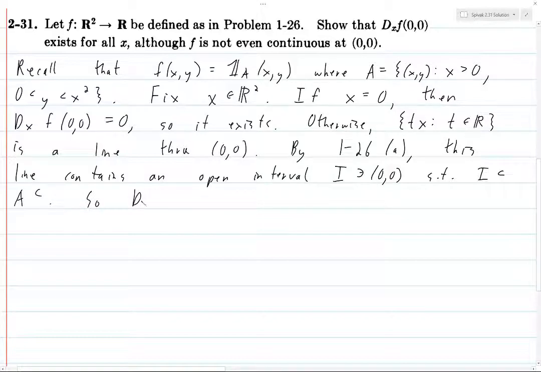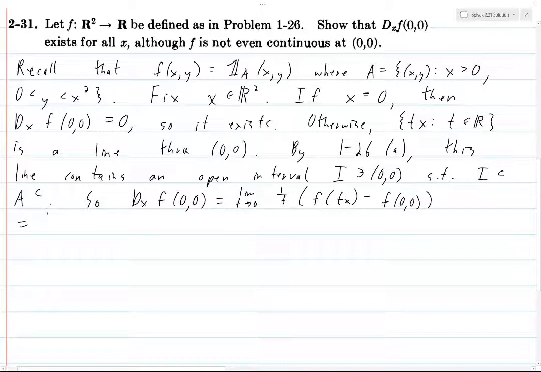So now if we take the derivative of f at the origin in the direction of x, this is by definition the limit as t goes to 0 of 1 over t times f of tx minus f of 0, 0.